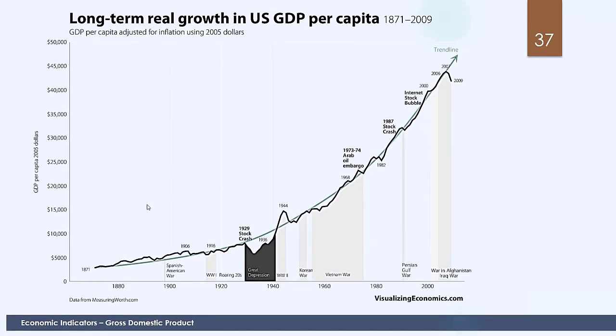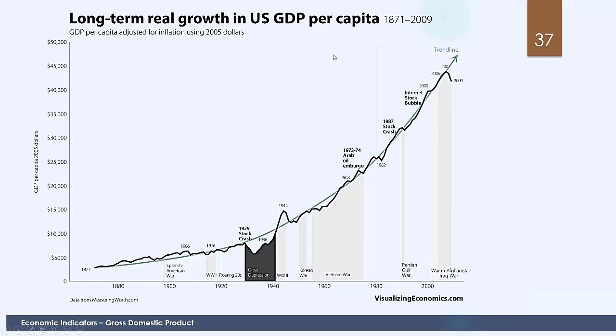Again, here's some real-world data. This shows the long-term real growth in U.S. GDP per capita from 1871 to 2009. What's interesting here now, as opposed to the historical figure I showed you before, is now we can say something about the economic standard of living, how that's changed in the previous 100 years.